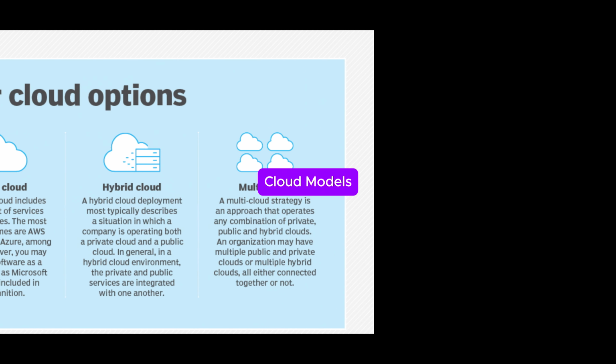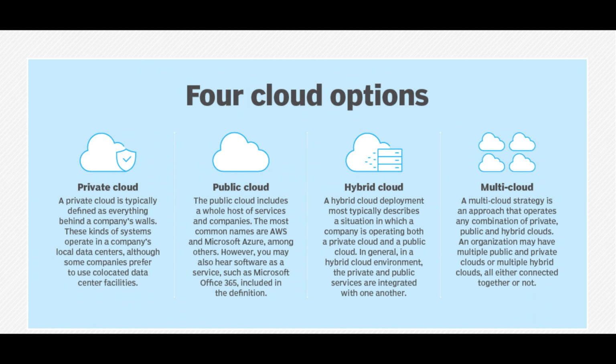Basically we have four cloud options, and let's discuss the first one, private cloud. How and when can we select this option? Let's go through a little bit of description. A private cloud is typically defined as everything behind the company's walls.